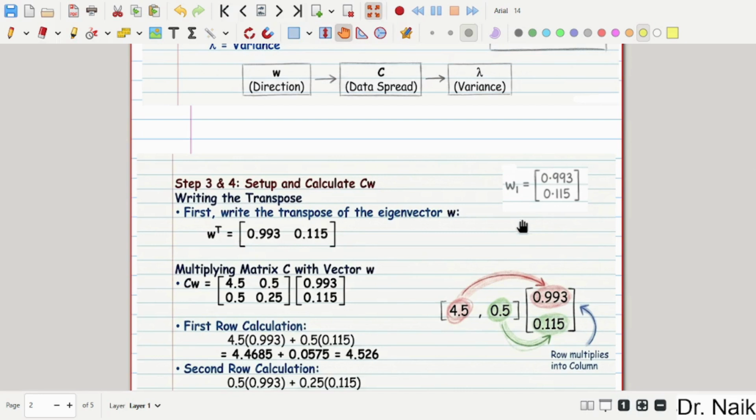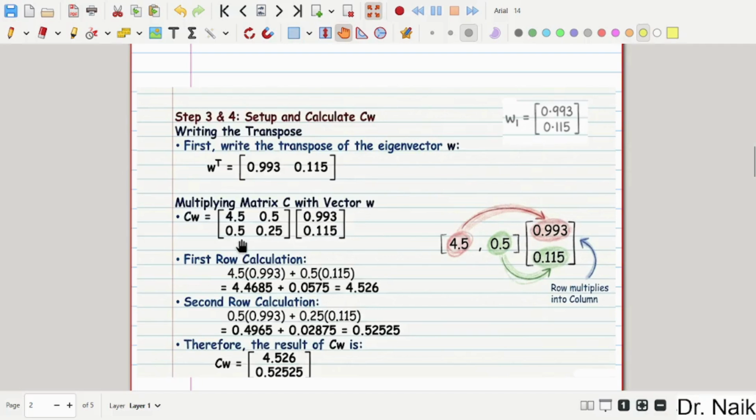Its transpose means a row vector with entries 0.993 and 0.115. Now calculate CW. C is given as 4.5, 0.5, 0.5 and 0.25, and W is our column vector with 0.993 and 0.115.